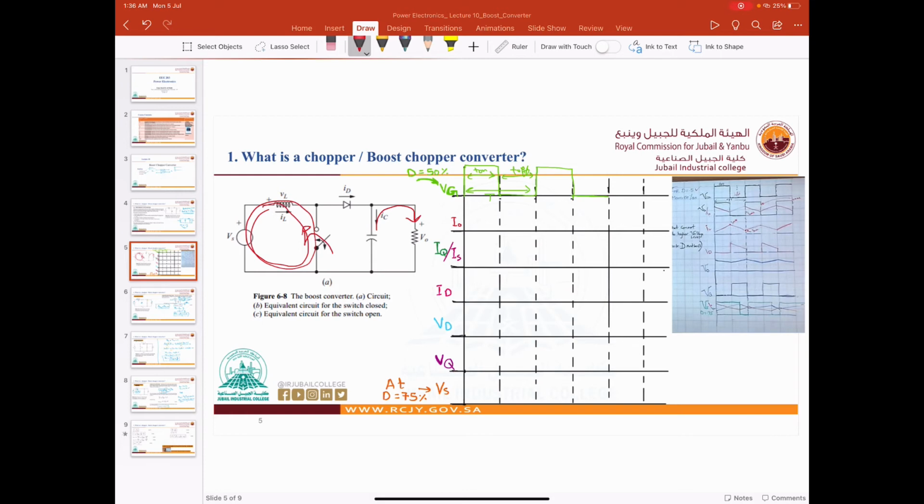So we can say when the switch is closed, then we have release current. When the switch is open, then we have two voltages added together, then we have a huge current. Then we will have current through the output, so it will be charging, right? And then it will discharge, charge, and so on.